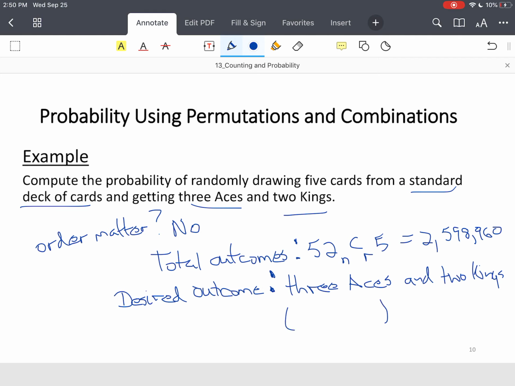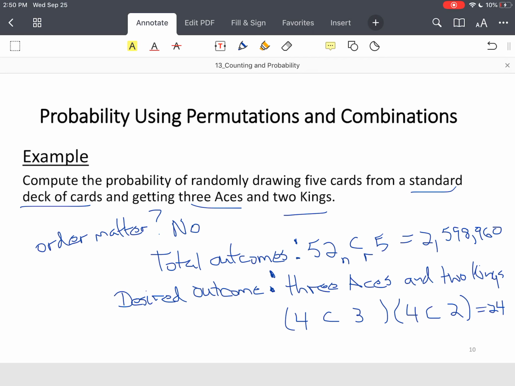In a standard deck, I have 4 aces, but for this hand I need 3 of them. We multiply that by the 4 kings, of which we need exactly 2. Using your calculator with parentheses, you end up with 24 ways to get your desired outcome.